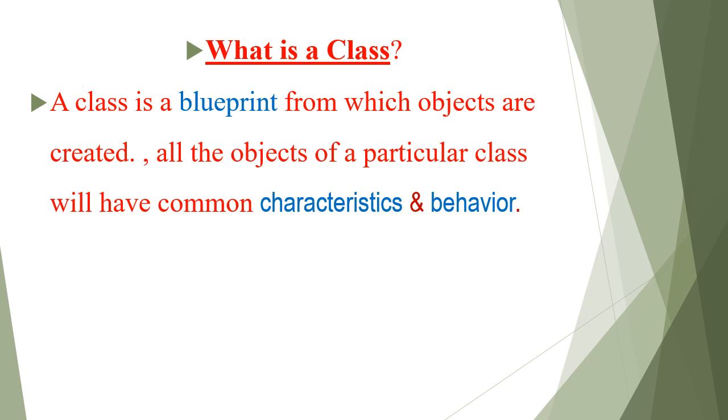All the objects of a particular class will have common features, common characteristics, and common behavior. So a class is a design or a model from which objects are created.